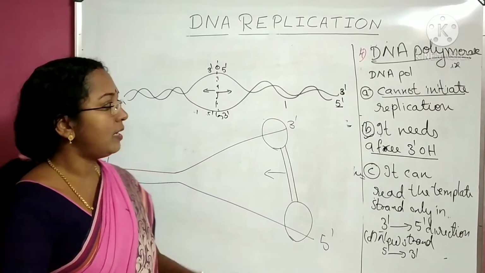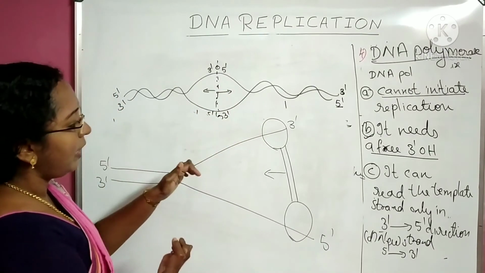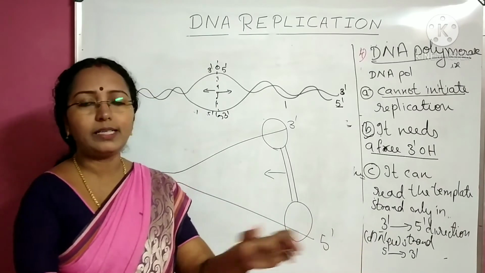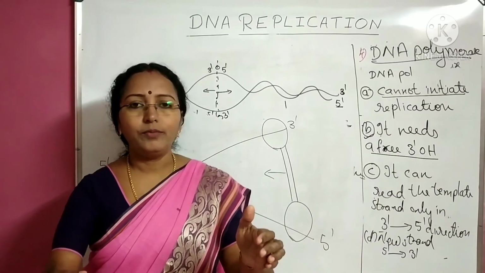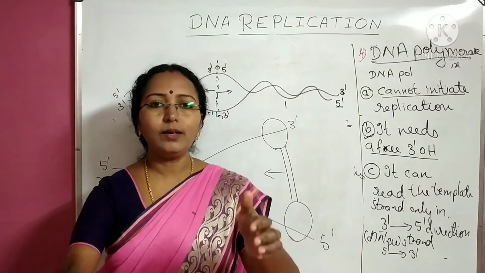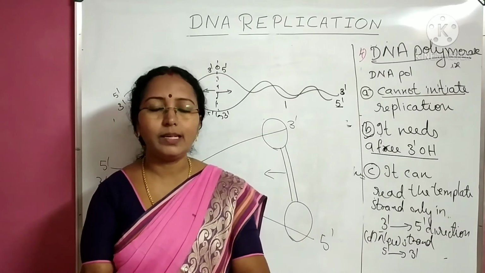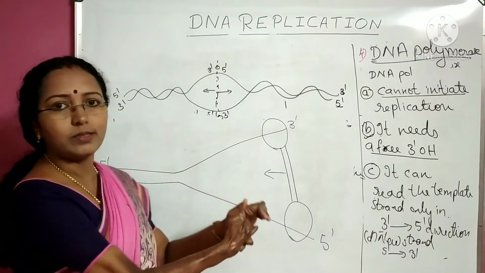It is not like one part will move in one direction and the other part in the other direction. It will never happen. Like when a vehicle is moving, its two wheels move in the same direction. It is not like one is moving forward and the other one backward. It never happens like that.